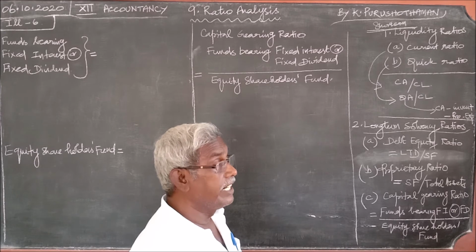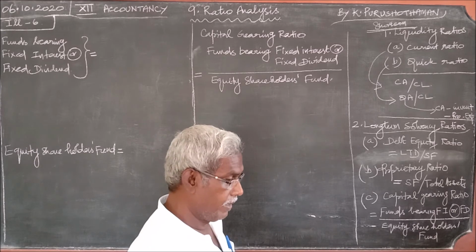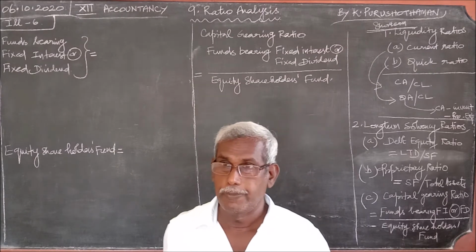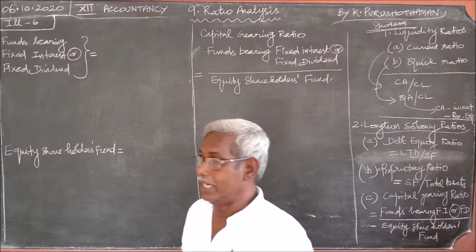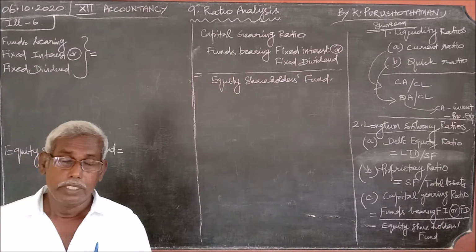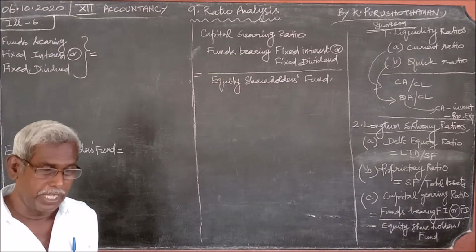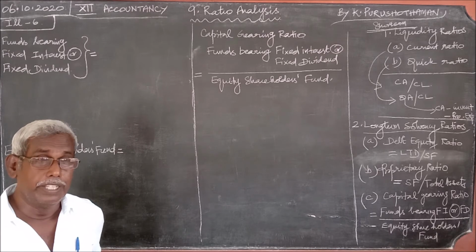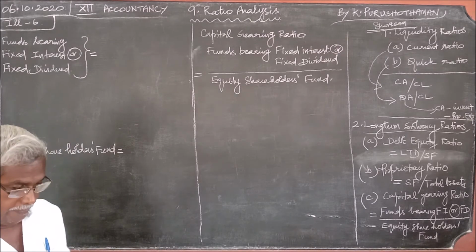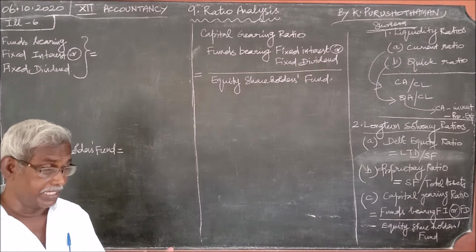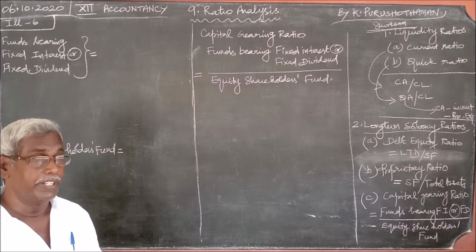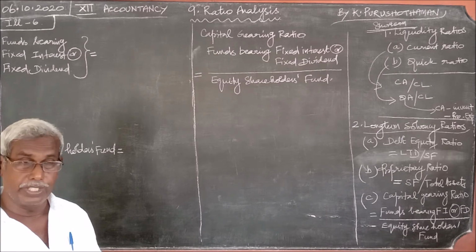Even the dividend differs. There are two types of shares. One is the preference shares, other one is the equity share. In case of preference shareholders, the dividend is given at the fixed rate, whereas in case of an equity shareholder, the dividend is not given at the fixed rate.